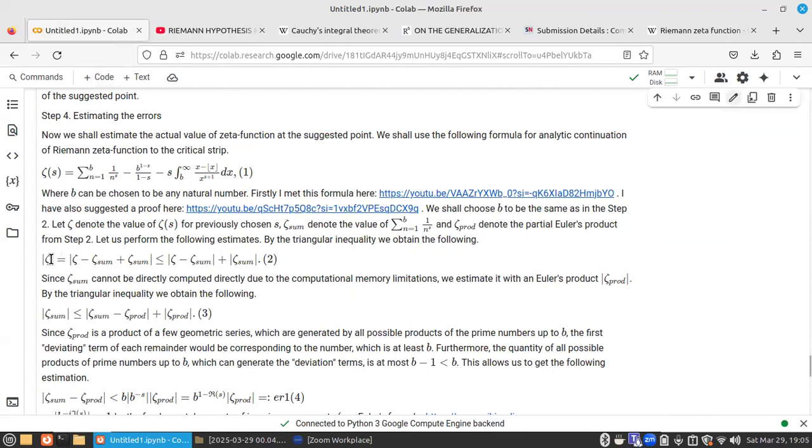To estimate the absolute value of the Riemann zeta function at this point, we use the triangular inequality to split it into two terms. First of all, there is the error of the sum approximation and the actual sum approximation.